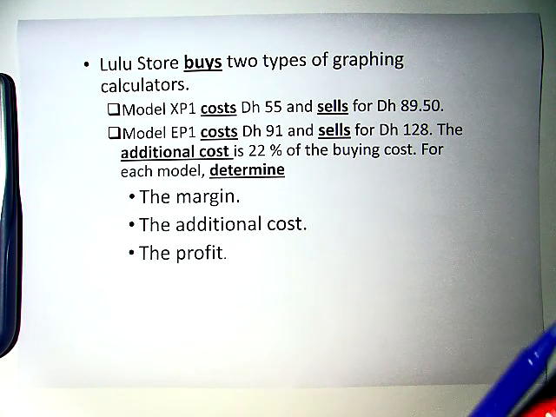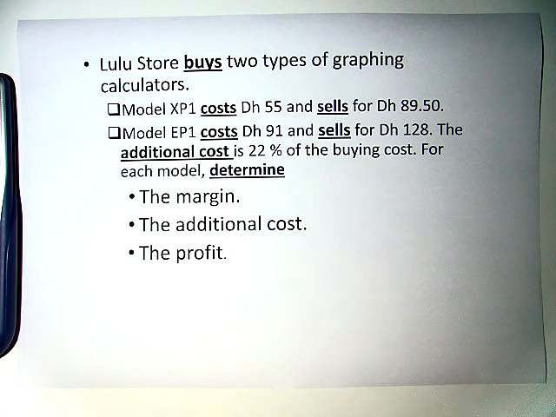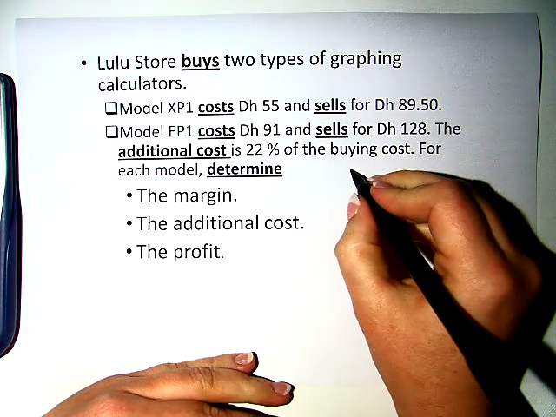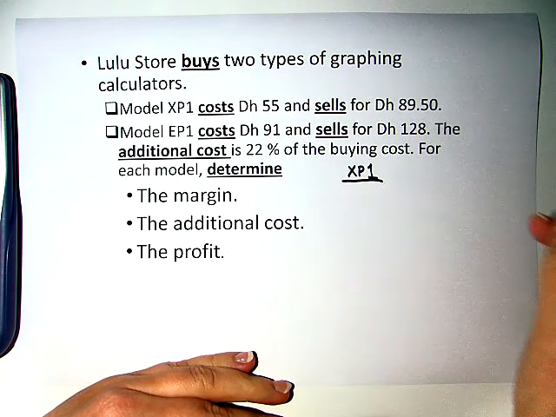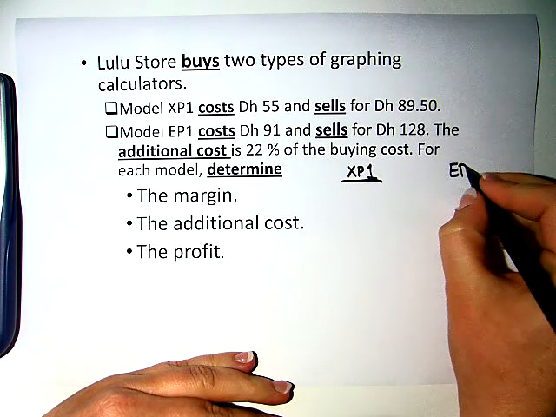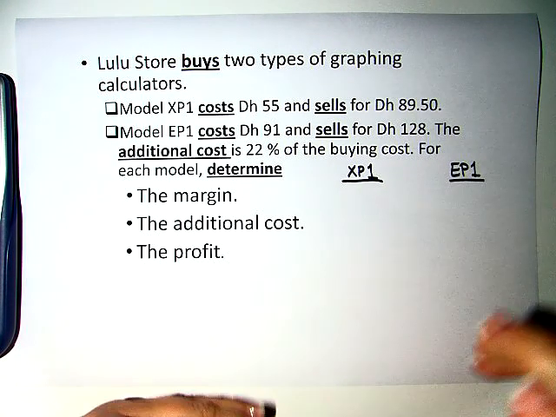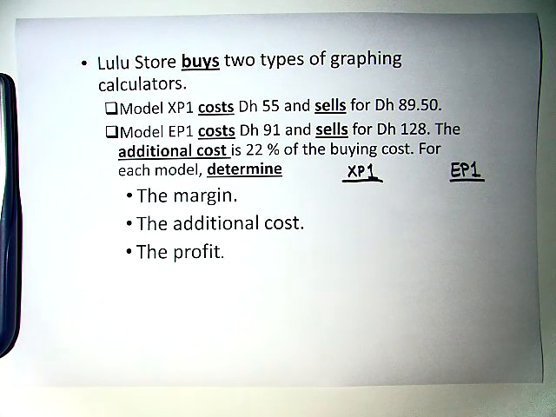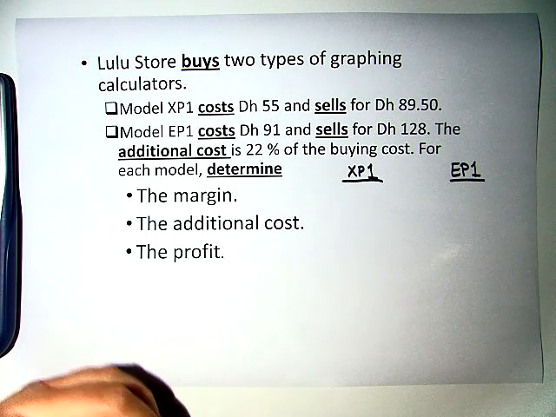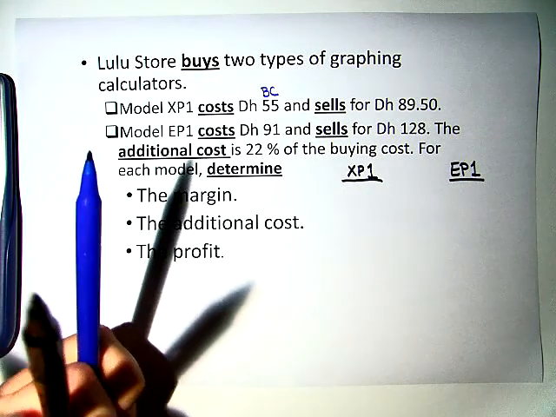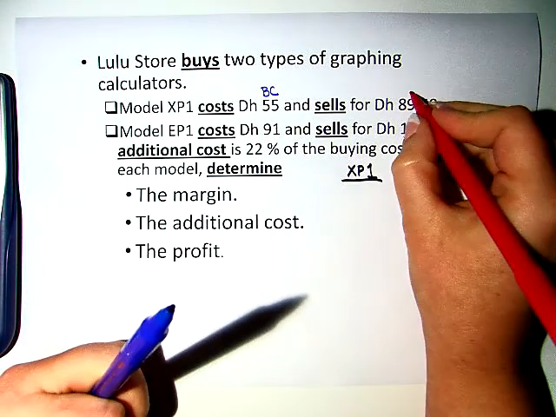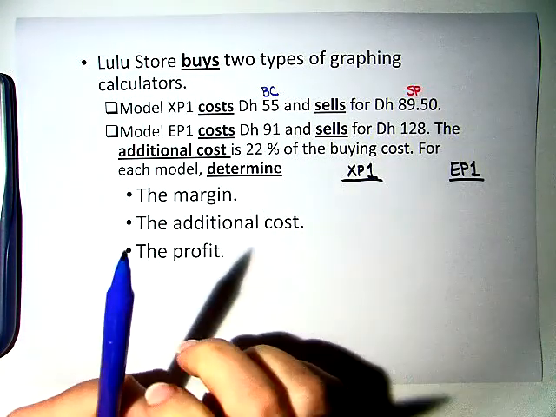Lulu Store buys 2 types of graphing calculators. Okay, so we're going to make a table. We've got 2 different things going on. We've got XP1 and we've got EP1. Okay, model XP1 costs 55, buying cost, and sells for 89.50, selling price.